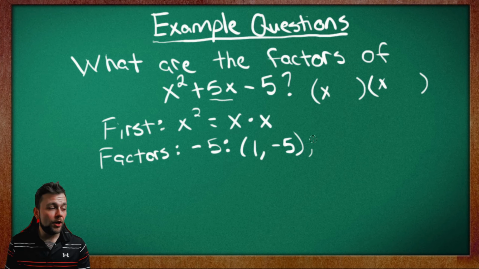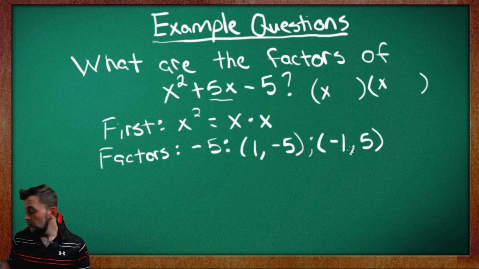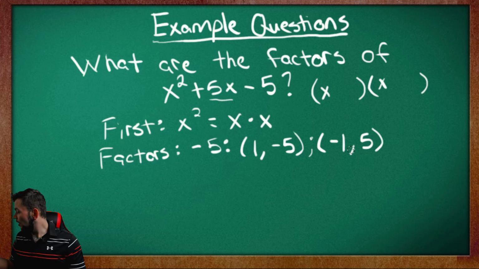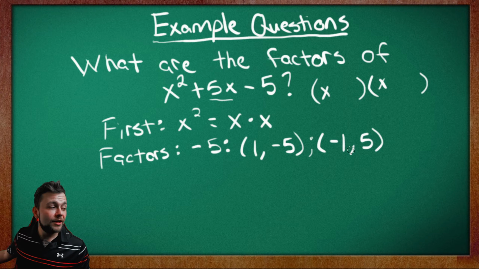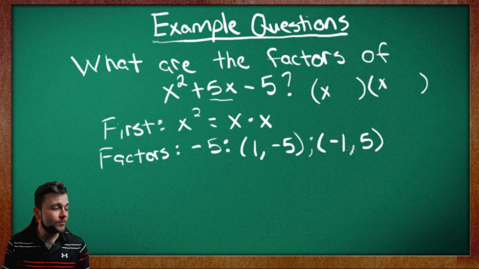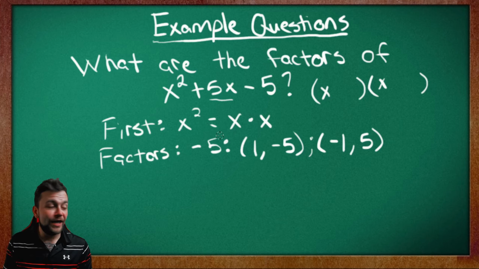And our other factor is negative 1 and positive 5. Those are the only two factors of our negative 5. Okay? And you might be asking, well, Paul, why does this matter? So I will show you.